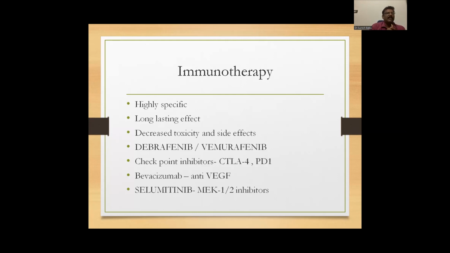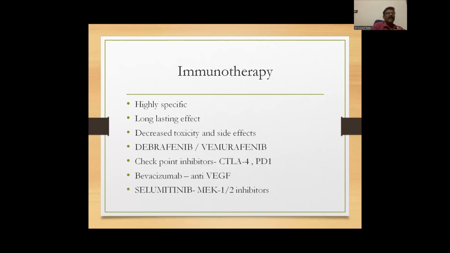And certain drugs are called checkpoint inhibitors. What are checkpoint inhibitors? In our immune system, there are some tumor suppressor genes, and certain chemicals will inhibit this tumor suppressor and cause tumor growth. So certain checkpoint inhibitors are also being developed, like CTLA4 and PD1.